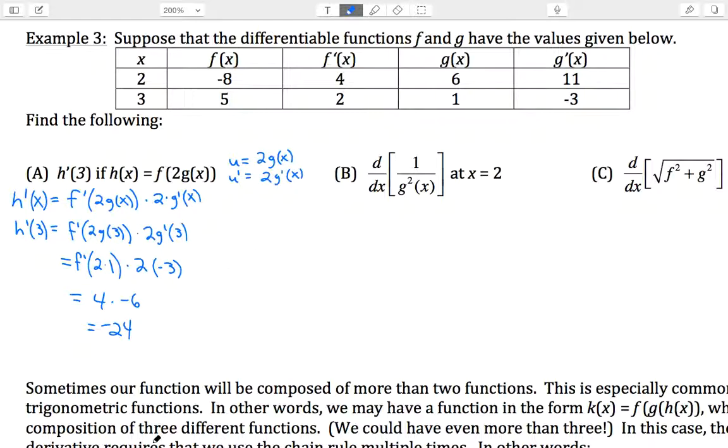Okay, so then what we've got is y equals f of u, so y prime is f prime of u.